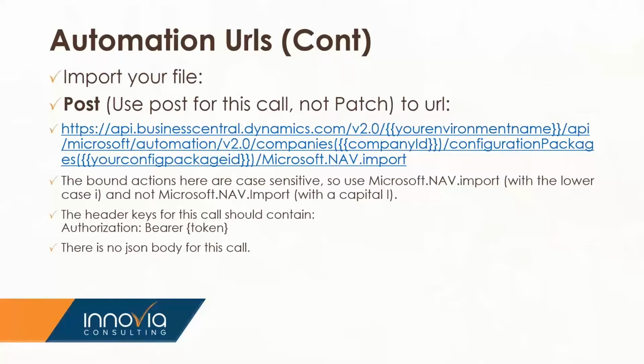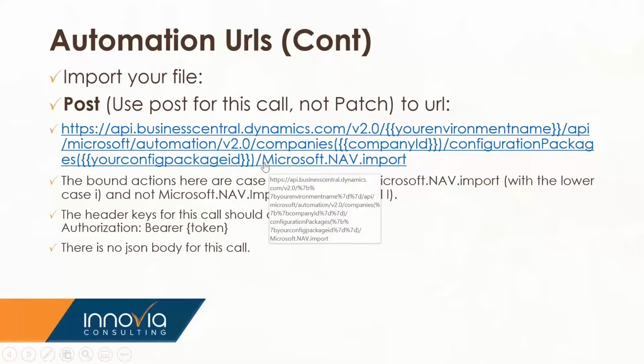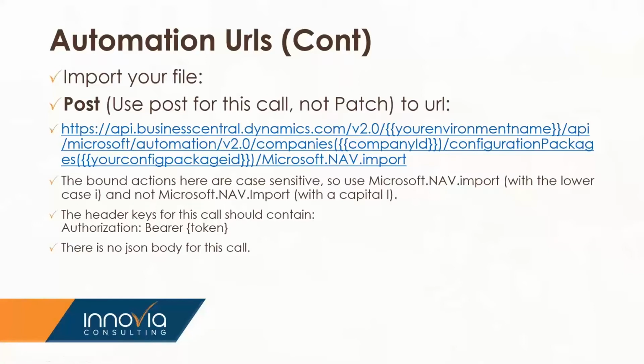So when you created your first insert of that config package, there's an ID that gets sent back, and that's going to be used here in these other URLs. And you'll notice the bound action here at the end, Microsoft.nav.import. That's what's actually going to tell Business Central that you are going to import that file that you've already uploaded. Notice that they are case sensitive.